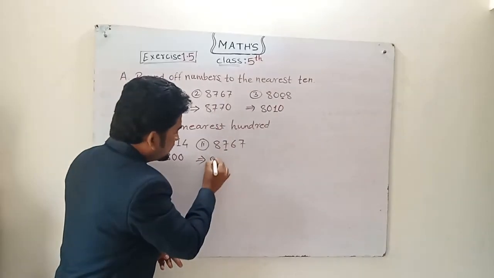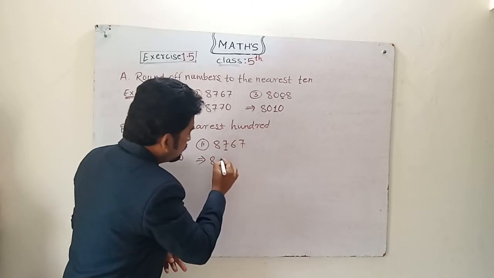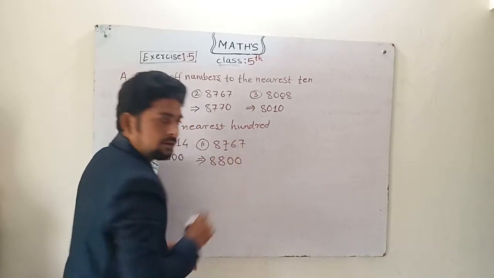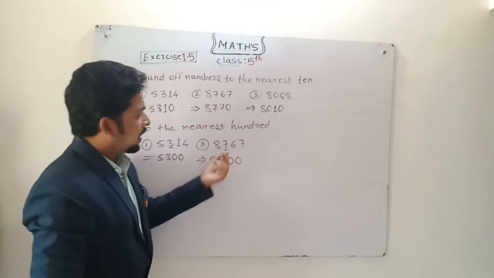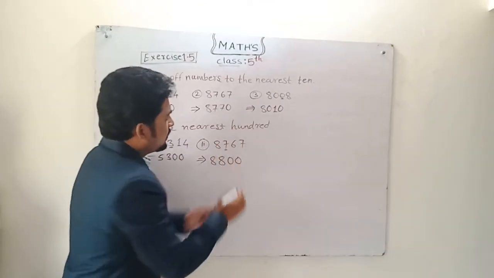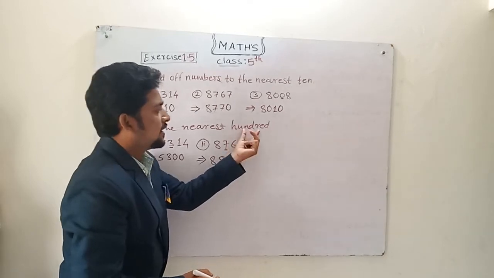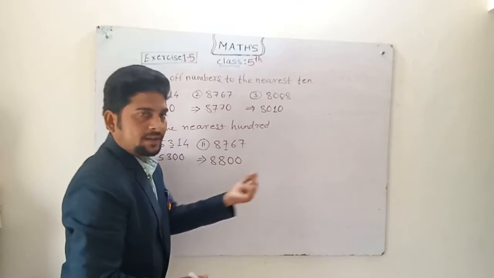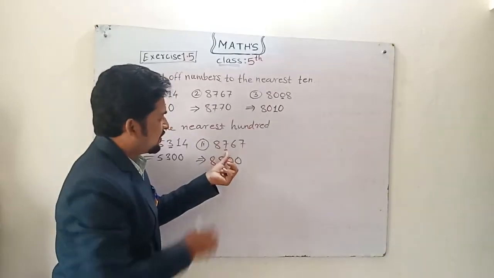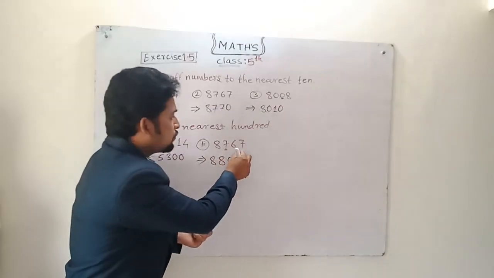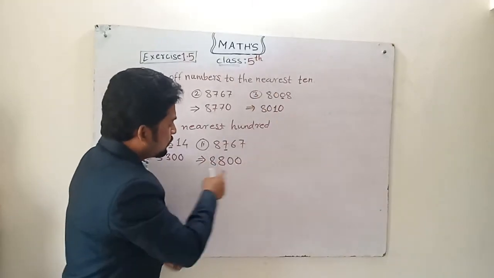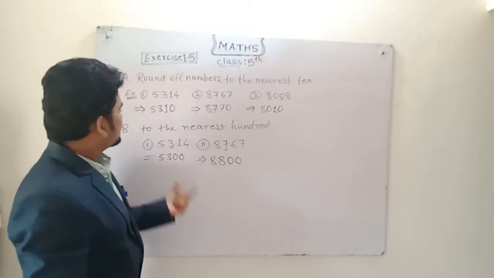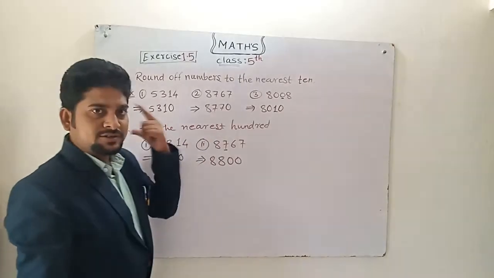This 8 will be as it is, 7 converts into 8, and in the remaining two digits we have to put 00. Right? How did it change? Because in the 100 place I want 50 or more than 50 if it is there. After that places, ones, tens, 100 place is 7. After that 67, so 7 is converted into 8, and the remaining 00 we have to put. Like this you have to round up to the nearest 100.